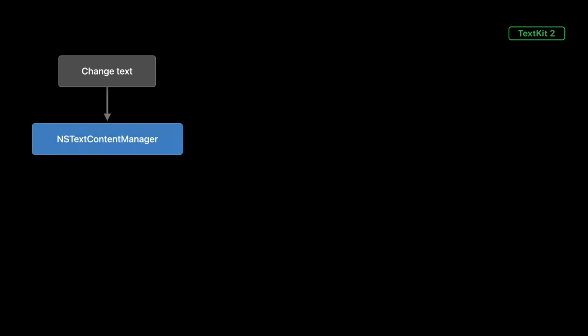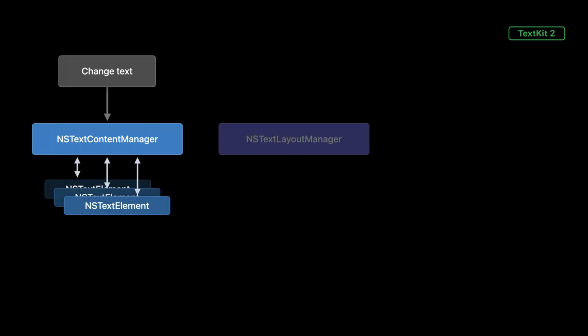Here's how that flow works in TextKit 2. Updates to the text storage go through a new object called the Content Manager. The Content Manager divides the text up into elements and keeps track of them. When it's time for layout, the Text Layout Manager asks the Content Manager for the elements.